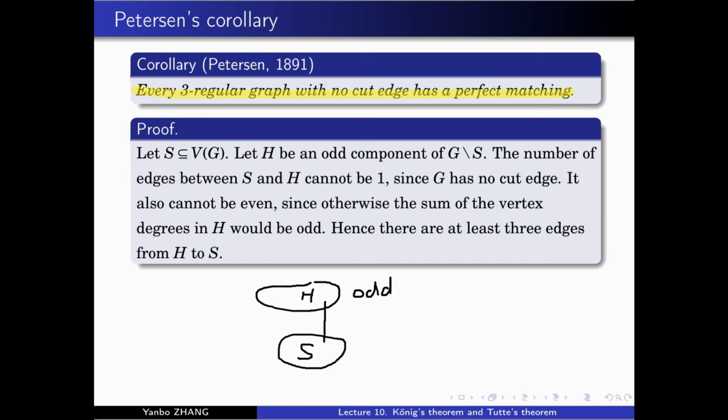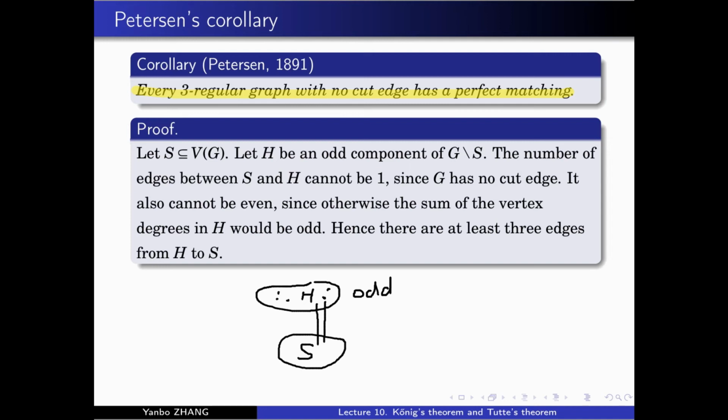Also, the number of edges between H and S cannot be even, cannot be 2. Why? Because this is a three-regular graph. Every vertex has degree 3, and H is an odd component. It has an odd number of vertices. If the number of edges between H and S is even, then the total degree in H is odd, which is impossible.